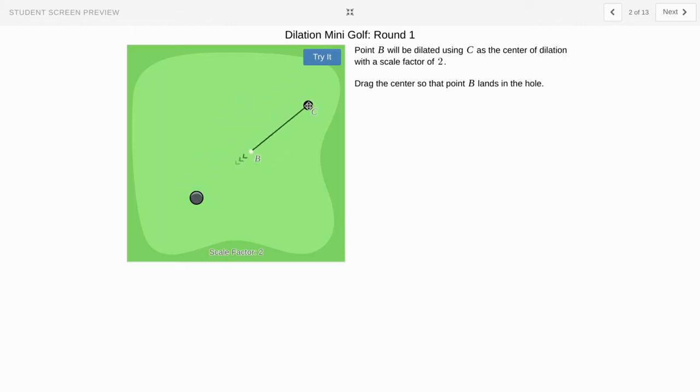And it was somewhere around here. And I have found that I had one line segment that I multiplied by 2 to get to the hole. So all we're doing with this new word called scale factor is we are multiplying whatever we started with by that number to get a different length.